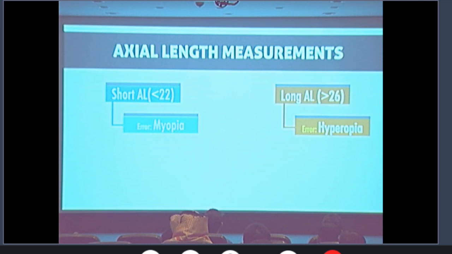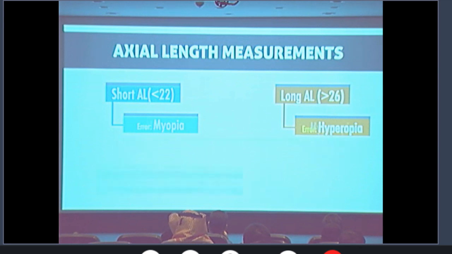And in long axial length, usually the error is hyperopia. Okay? So usually the eyes with short axial length, the pre-existing refractive error is hyperopia, so after the surgery, you will change it to myopia. And vice versa. For the long axial length, usually preoperatively they are myopic, but postoperatively they will become hyperopic if there is error.